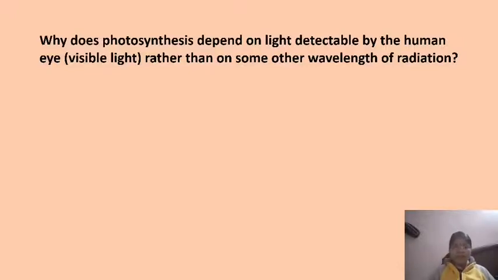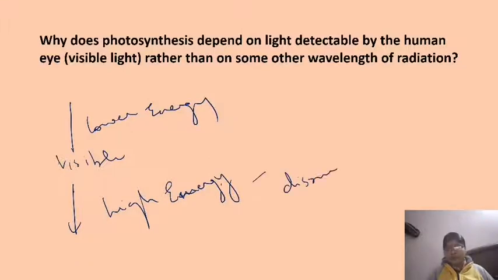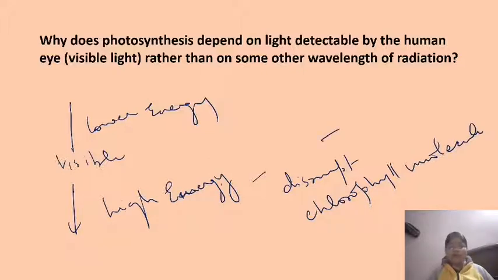I have told you why it is not working above this visible light, because lower energy is there, and if I go to UV light and X-rays, then the energy is very high, which will break, it will disrupt the chlorophyll molecule, and the lower energy won't be sufficient to excite.